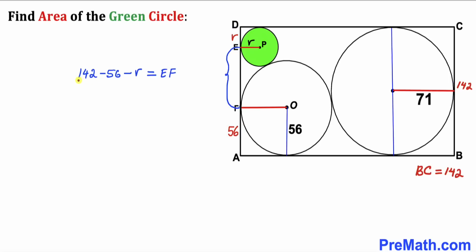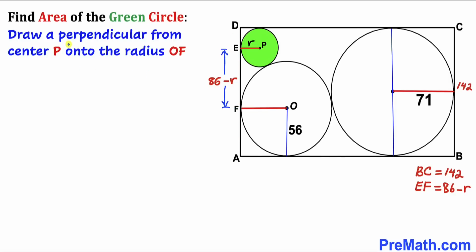Now let's combine the like terms. That is going to give us 86 minus R. So this distance EF turns out to be 86 minus R.